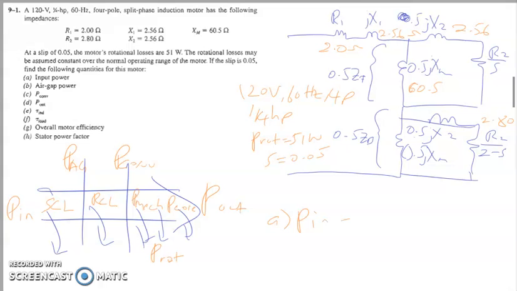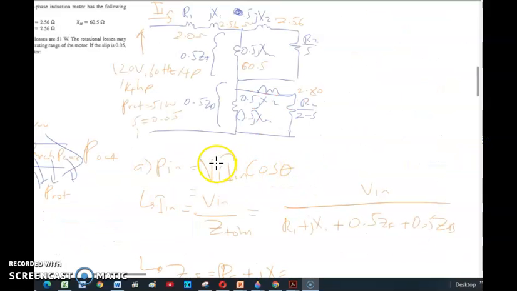So we go to the question, P in. First of all, how much is your input power into the system? P in is equal to V in times I in times cos theta, where V in is the voltage across the incoming terminal and theta is the angle between voltage and current.